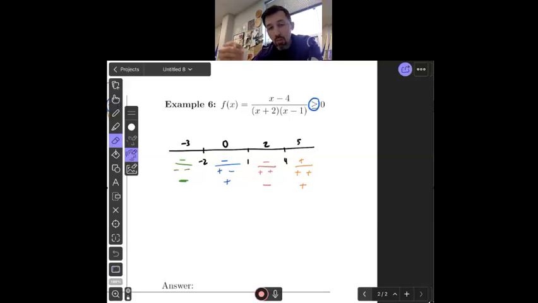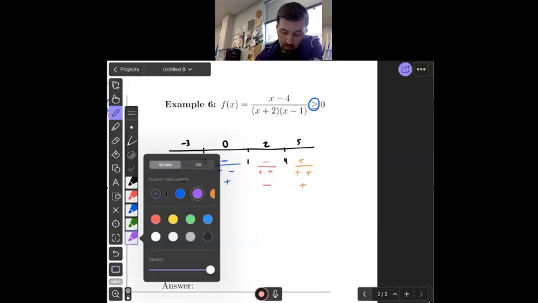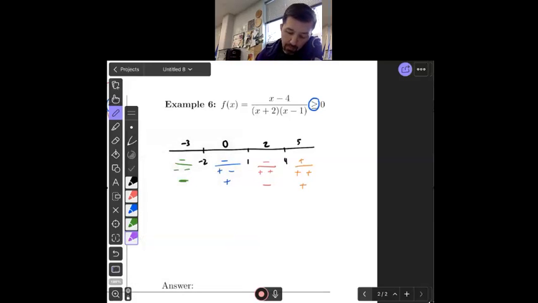The -2 and the 1 represent something very specific on the graph, which were our vertical asymptotes. So because these two numbers represent asymptotes, because they're in the denominator, they have to be open. We can't plug in -2, because if we do, we get 0 in the denominator, we cannot divide by 0. We can't plug in 1, because when we do, we get 0 in the denominator, you can't divide by 0.